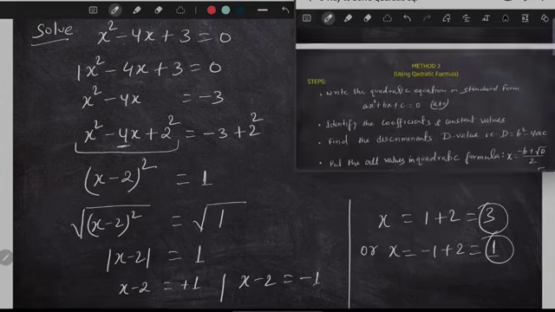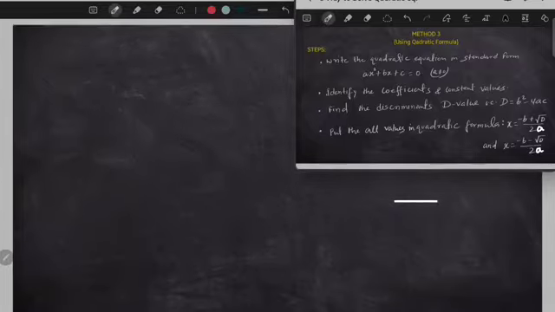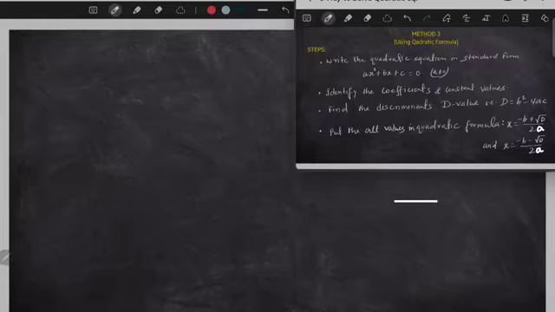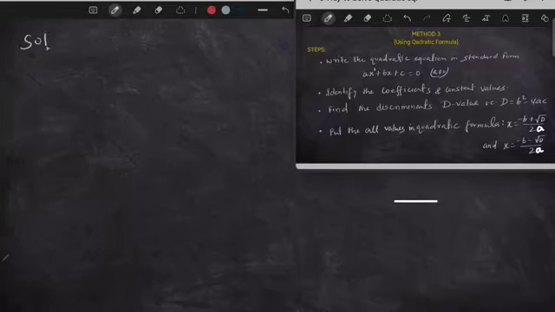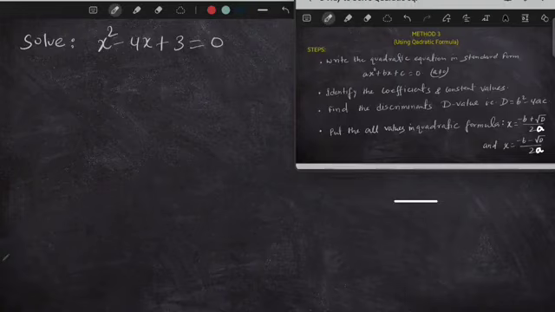Now the third method uses the quadratic formula. Solve x square minus 4x plus 3 equal to 0. The first step is to write the quadratic equation in standard form.